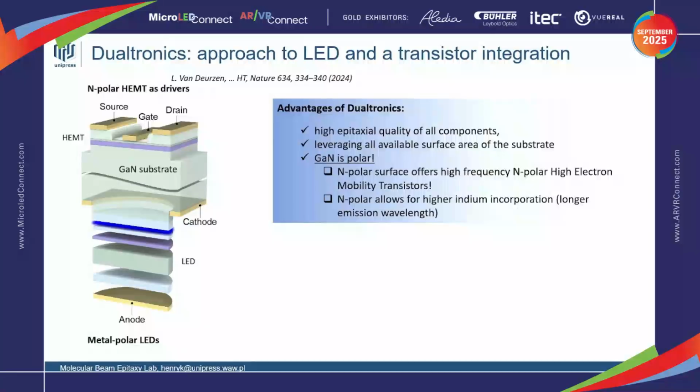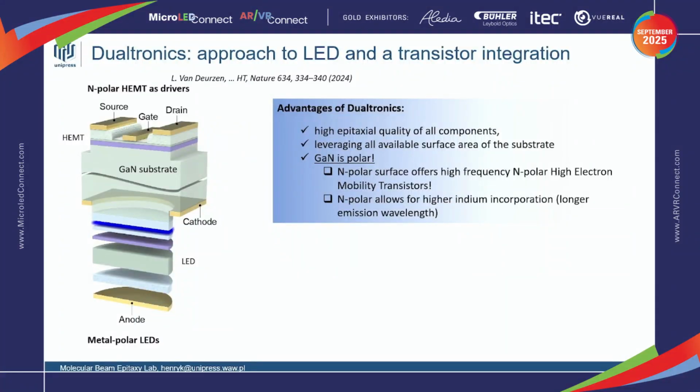The two main advantages that we have here are, first of all, that in both cases the growth, both on the nitrogen polar and on the gallium polar side, relies on a well-prepared, optimally polished surface.